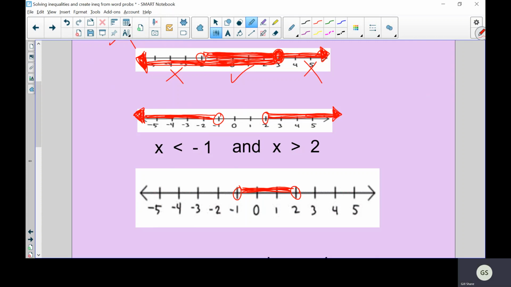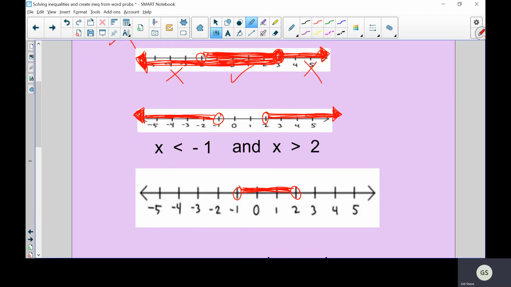Zero, you're saying zero is an answer. It would have to meet both of those. Is 0 less than -1? That didn't work. So that's going outward.